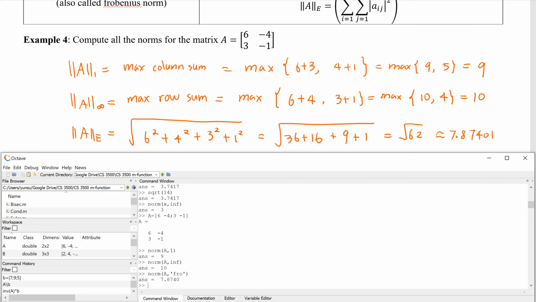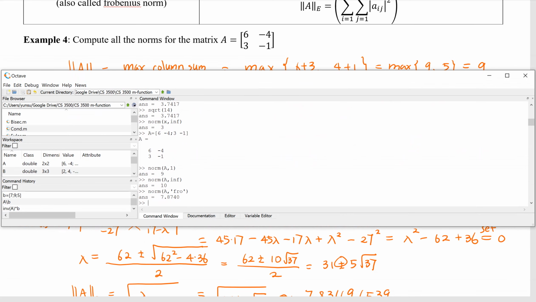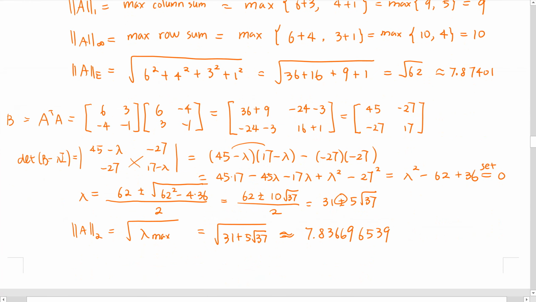Yeah, that matches, right? Okay, and how about the L2 norm? Well, the L2 norm is norm A, comma 2. 7.8367. Yes, see, that also matches our results.